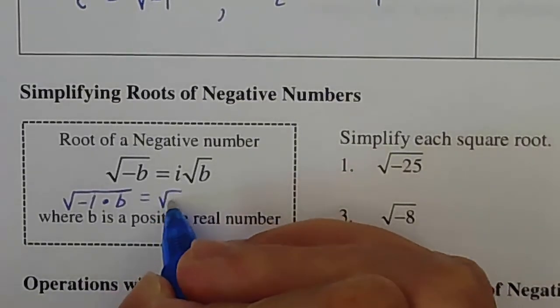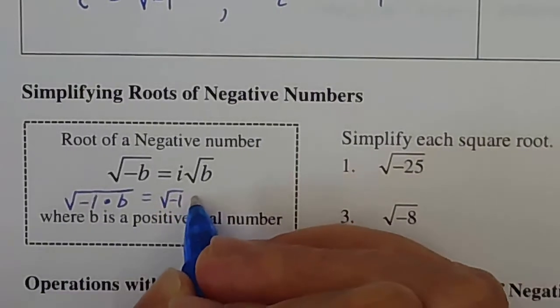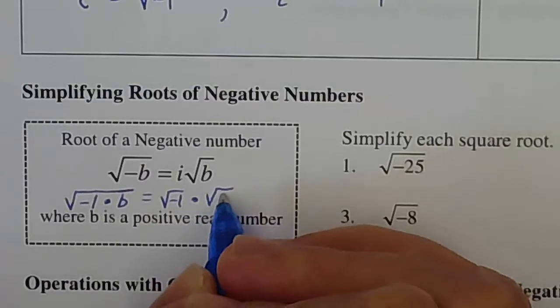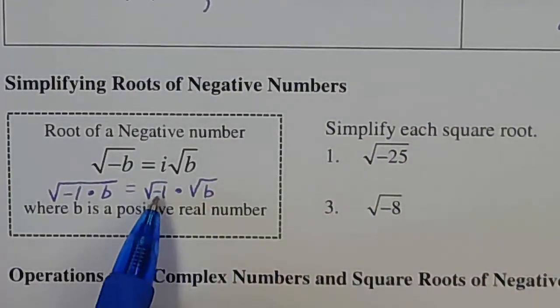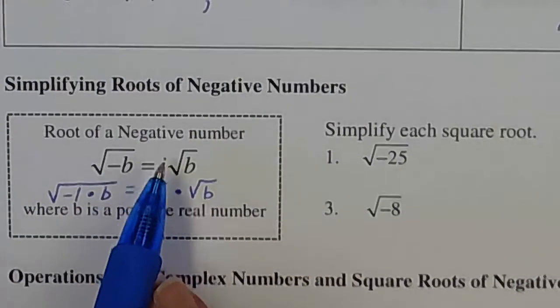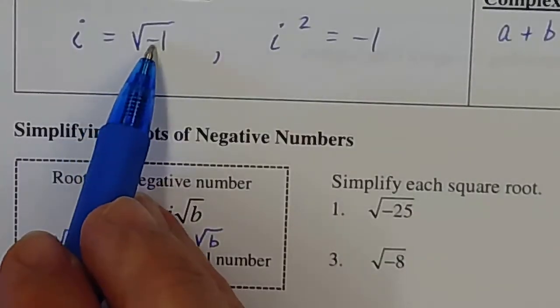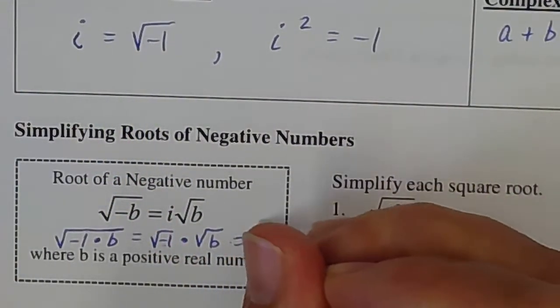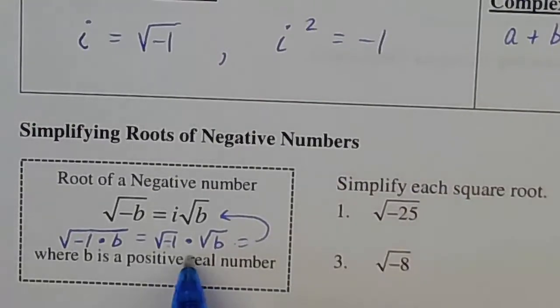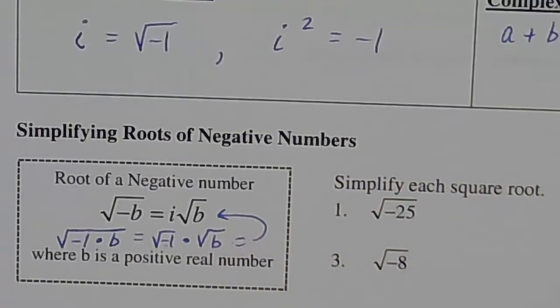So I can express this as the square root of negative 1 times the square root of b. Now we have something to substitute for the square root of negative 1. It's i. Whenever we see the square root of negative 1, replace it with i. So this is equal to i square root of b.